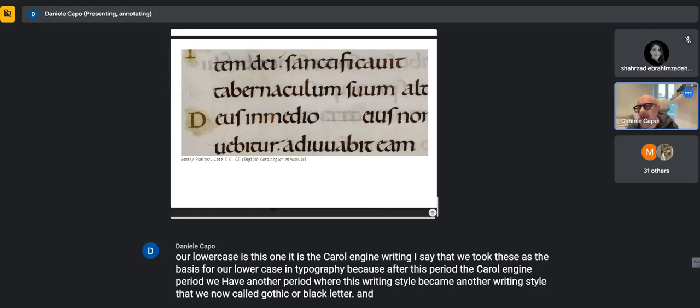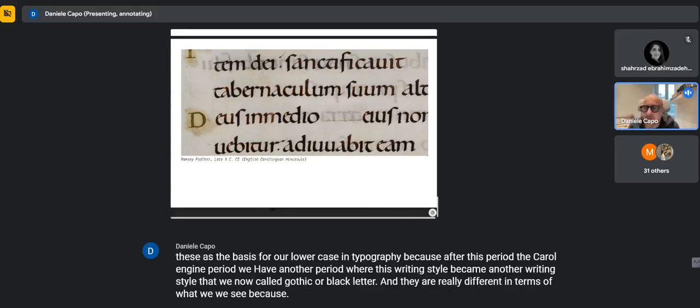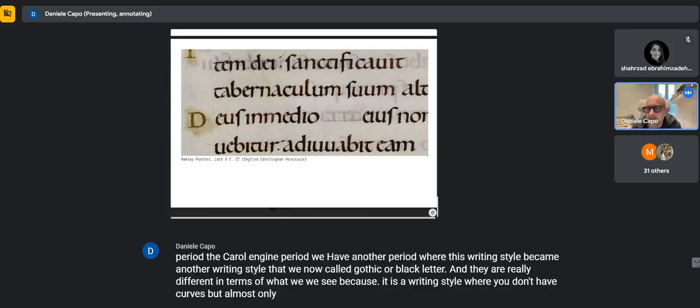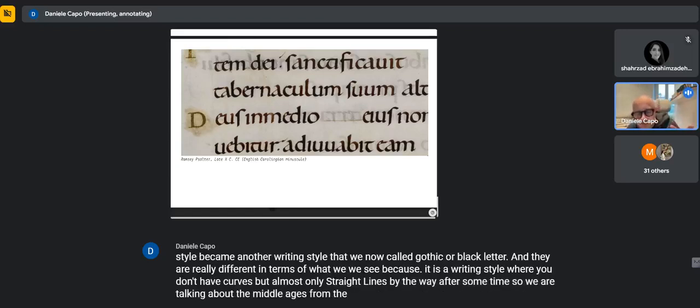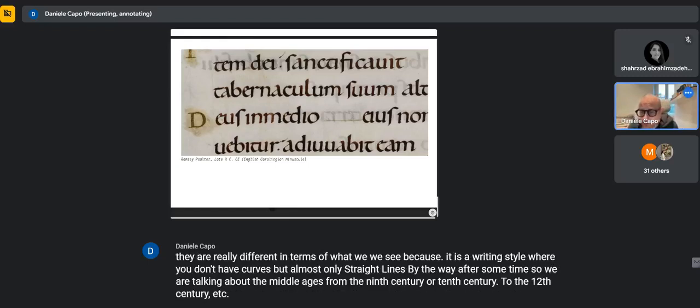And they are really different in terms of what we see because it is a writing style where you don't have curves, but almost only straight lines. By the way, after some time, so we are talking about the Middle Ages, from the 9th or 10th century to the 12th century, etc.